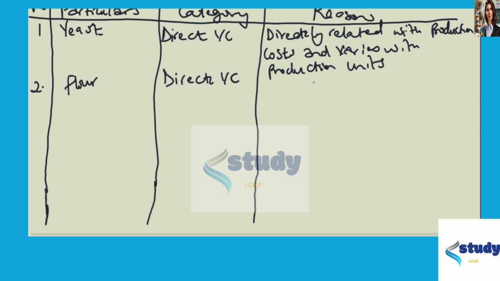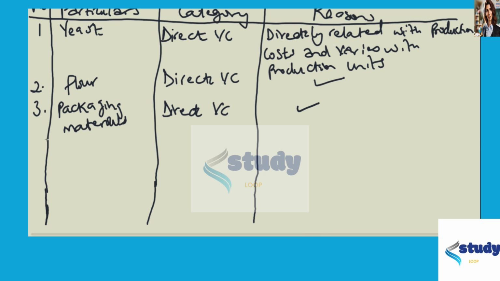So it's basically the same reason. The third one is the packaging materials, and this is a direct variable cost too, for the same reason.